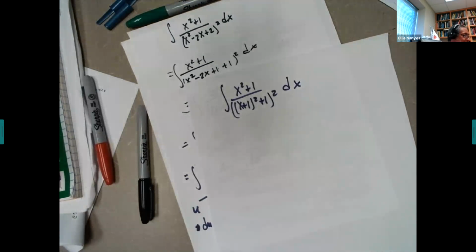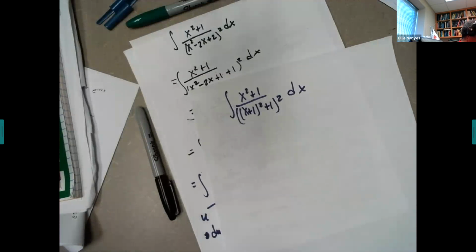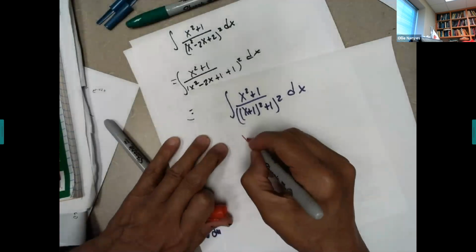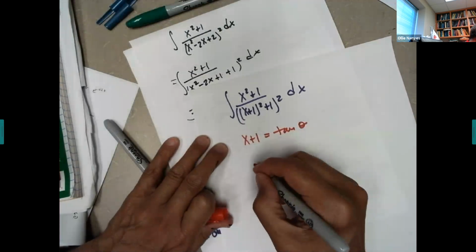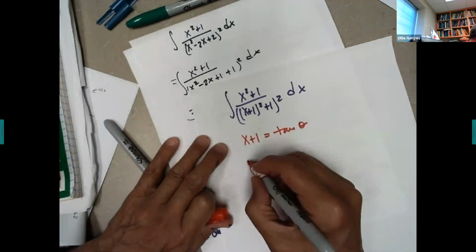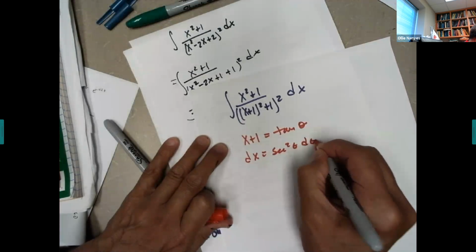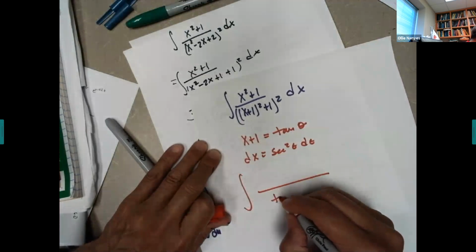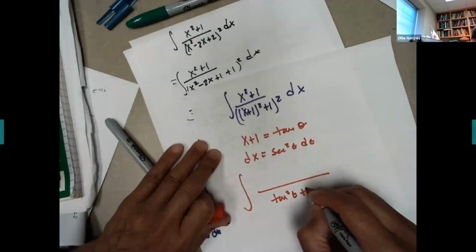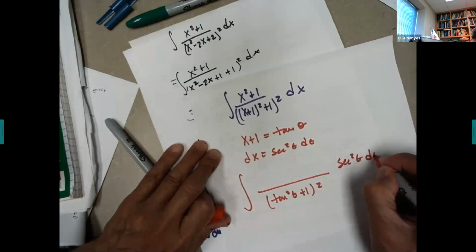And let's go ahead and make our substitution as we might. Let's try x plus 1 equal tangent theta. Then dx is secant squared theta d theta. So let's see what we have right here. We have tangent squared theta plus 1 squared, secant squared theta d theta.